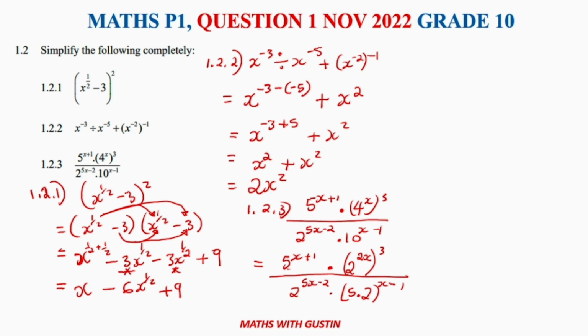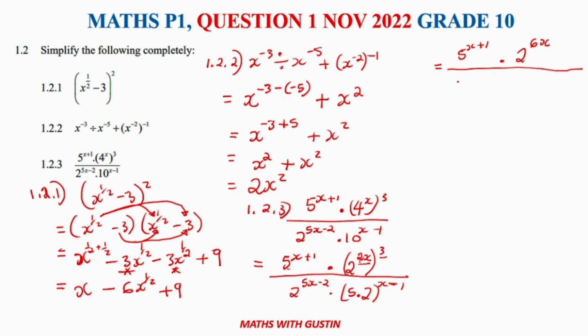Okay, let's come here. There's a negative there, trying to avoid making a mistake. I'm going to continue up here, guys, with this one. 5 will remain as 5, nothing we can do there, x plus 1. Therefore this 2, you're going to say positive 2 times 3, which should give us 2 to the power of 6x.